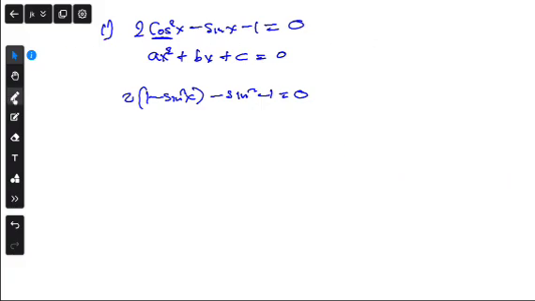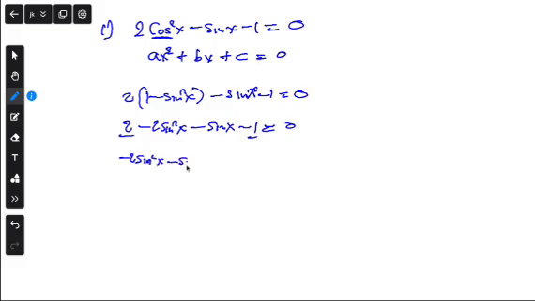Alright, so let's continue. If I multiply, I'm going to have this. Here I'm not supposed to have a 2, but x. These are like terms, so I can collect them. Then I'm going to have this. That is 1, then is equal to 0.